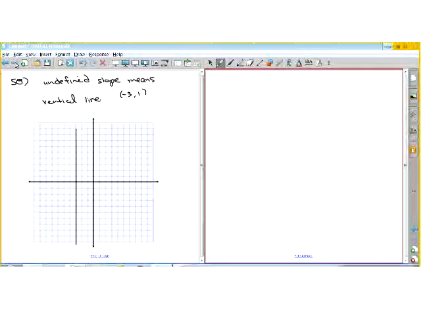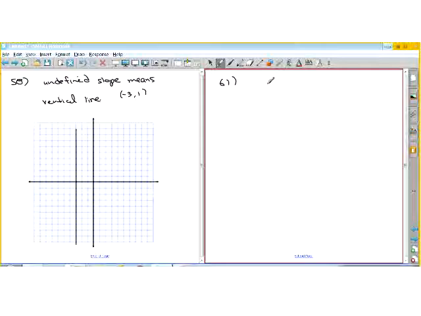So we're going to do problem 61. Actually, sorry about that, still got one more to do. So it says, determine whether the lines described are parallel, perpendicular, neither parallel or perpendicular. So we have two lines defined by two separate sets of points.